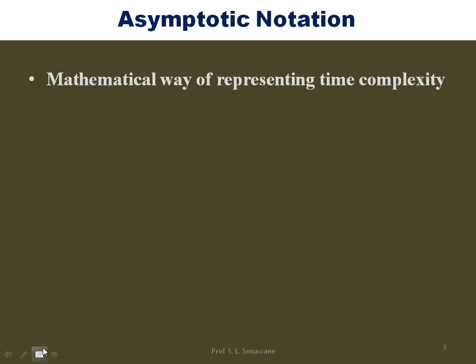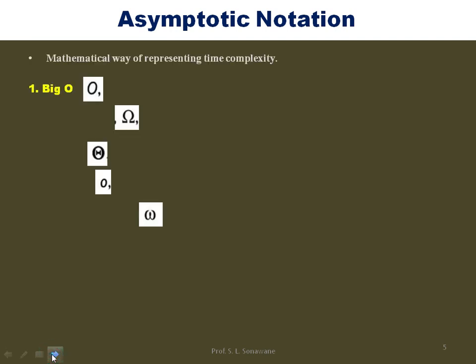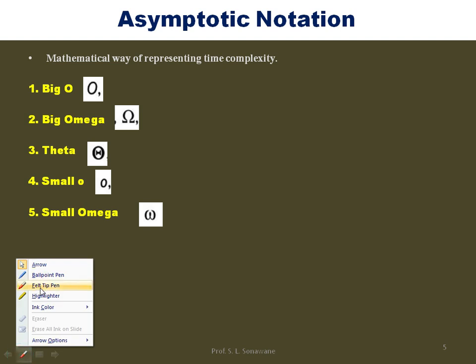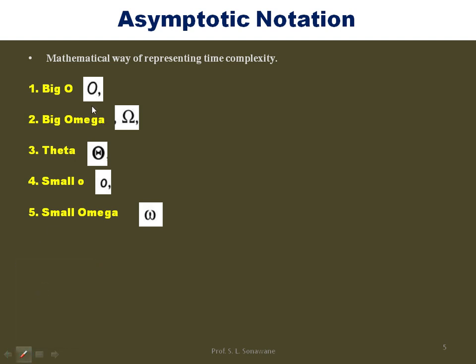So in asymptotic notations, there are certain notations. The first notation is big O, then big omega, theta, small o and small omega. These are the total 5 notations. Big O notation is represented like this.